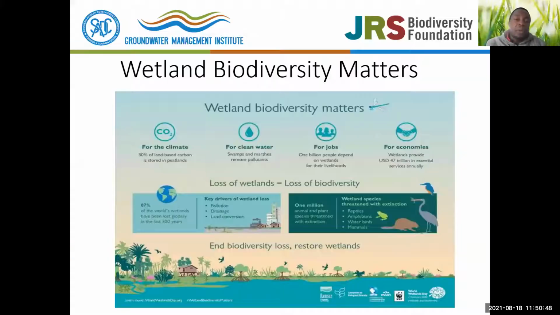So just a brief introduction on why wetland biodiversity matters. As we know, wetlands play an important role in climate regulation, and it has been observed that 30% of the land-based carbon is stored within peatlands. And then also they play a role in purifying our water.